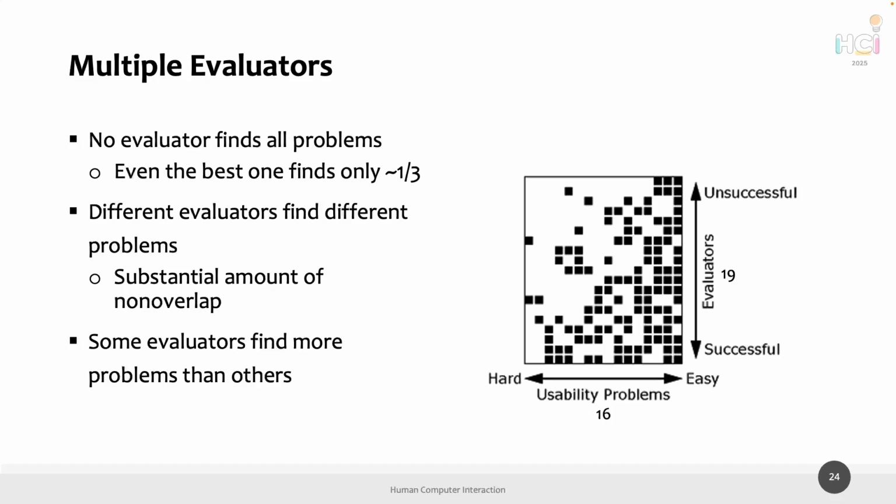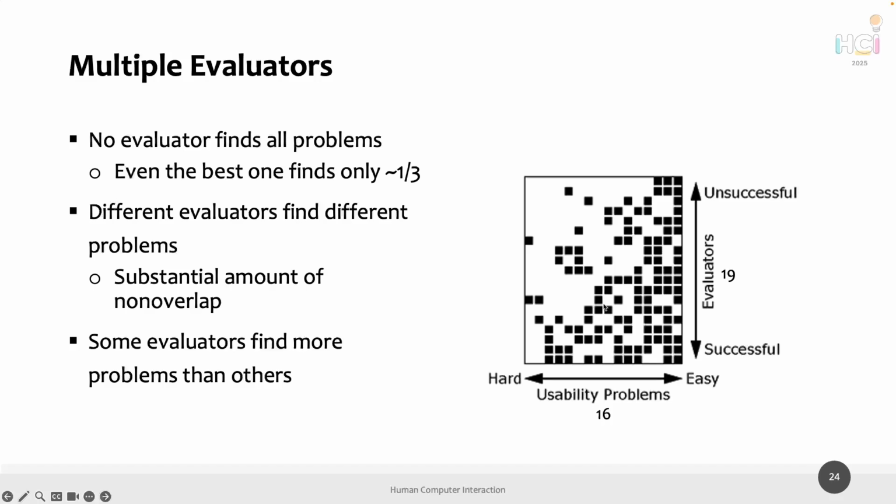So Nielsen conducted different experiments to understand how many experts are needed, and in this particular experiment, Nielsen designed this interface with 16 usability problems, so 16 known problems, and then asked 19 evaluators to perform a heuristic evaluation.